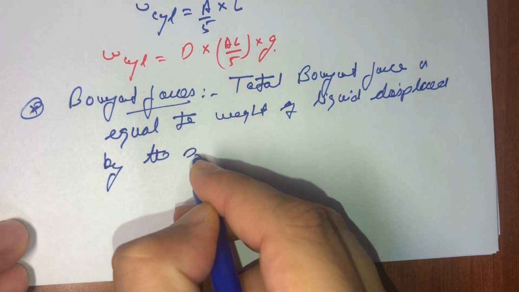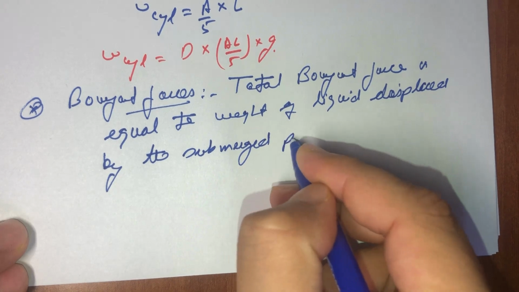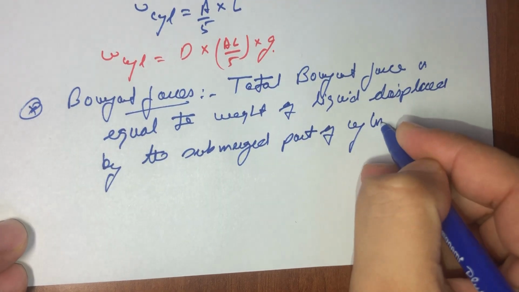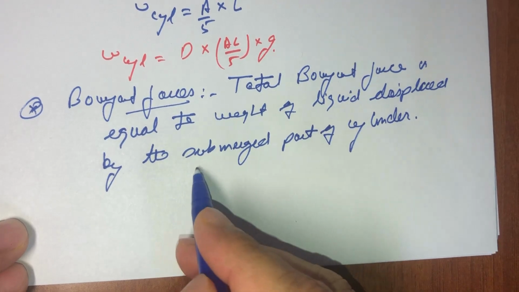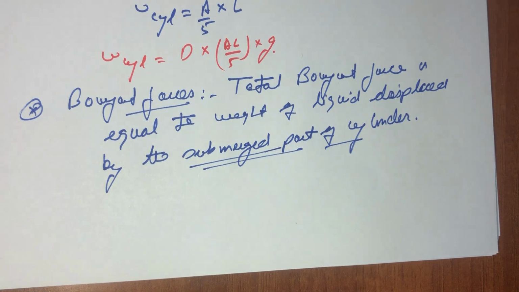So the important part is the submerged part of the cylinder.